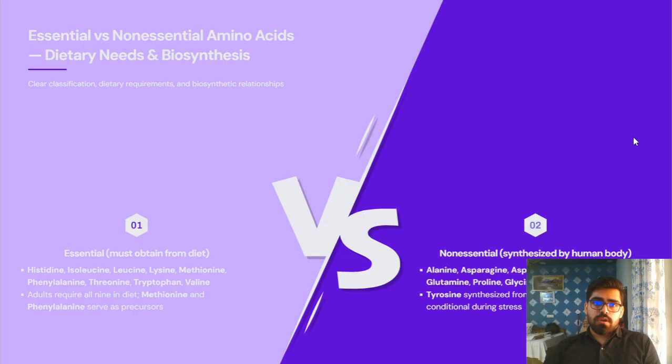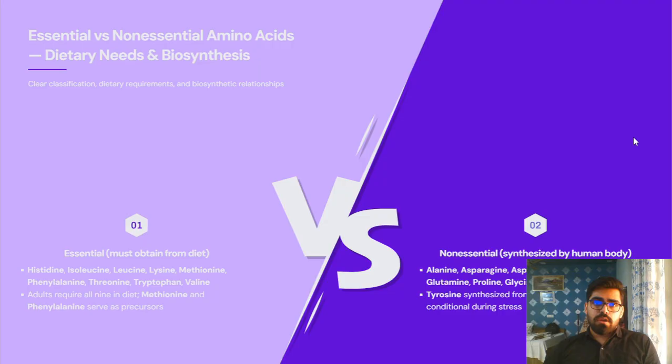This is a topic of bioorganics, so we are talking in regard to the human body. Essential amino acids are those which can't be produced by the human body. For example, histidine, isoleucine, leucine, lysine can't be produced by the human body and thus need to be obtained via food.